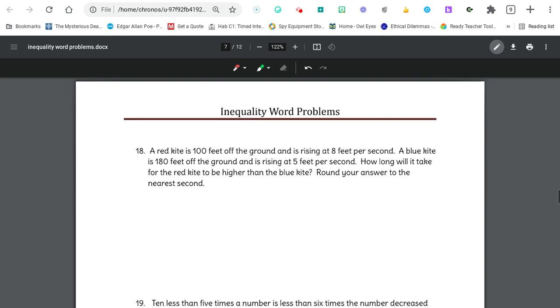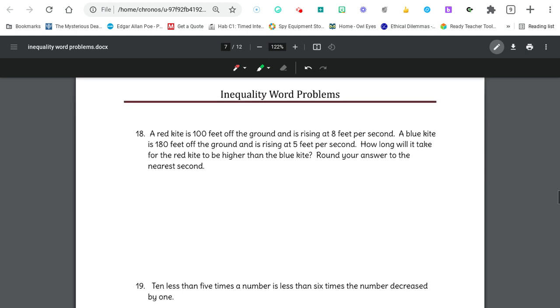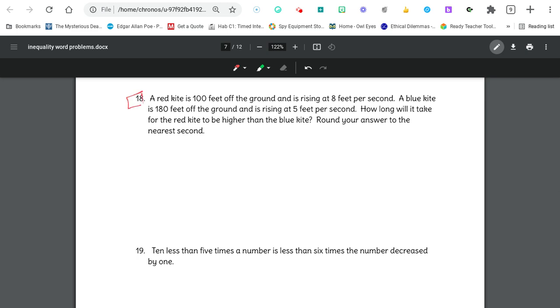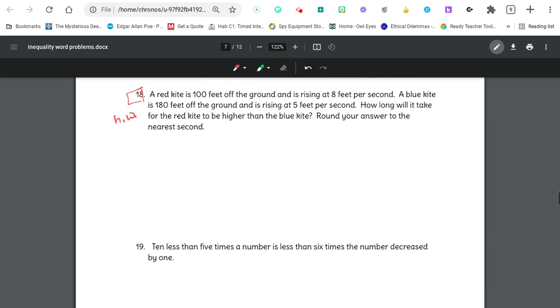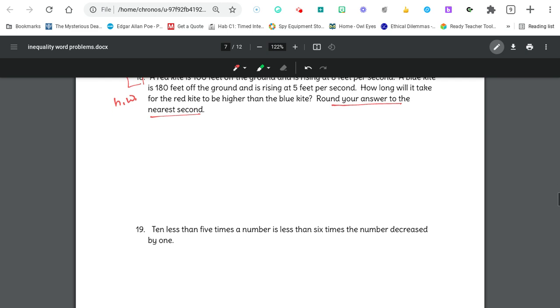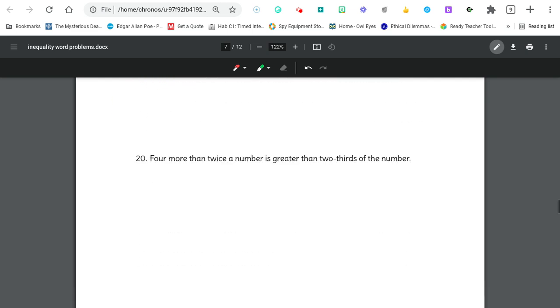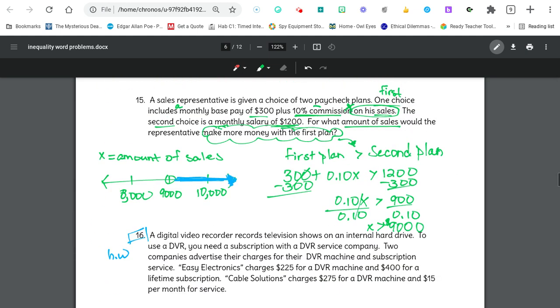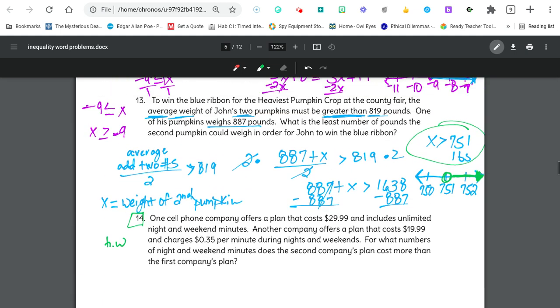All right, so let's take a look at, let's see. I'll let you do 18 for homework. Be careful on 18 because I'm telling you to write your answer to the nearest second for me. Let's look at 19 because we have just those 2 left. How many have I given you? 1, 2, 3.